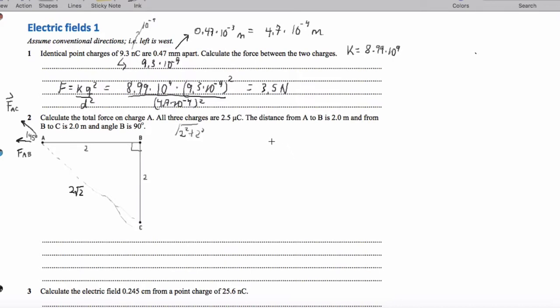The way I'm going to calculate this is in the x direction, my forces are going to be FAB, pointing left, and then I'm also going to have FAC at an angle of 45 degrees pointing left. So this goes back to that unit on forces. And then pointing upwards, we have FAC pointing up at sine 45 degrees.